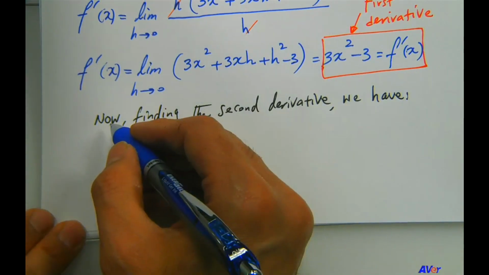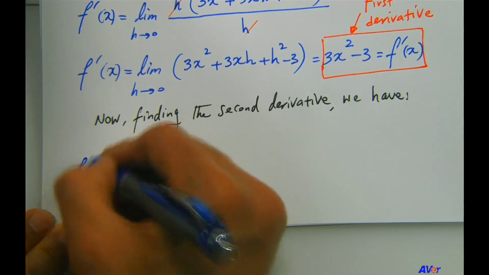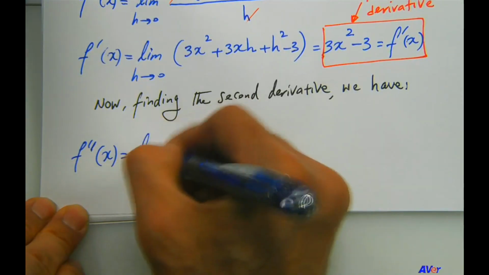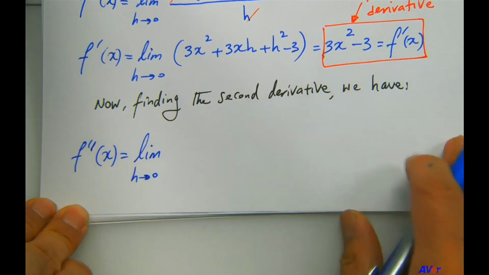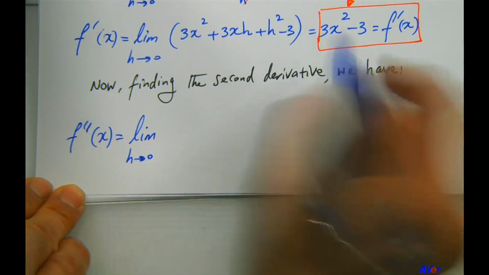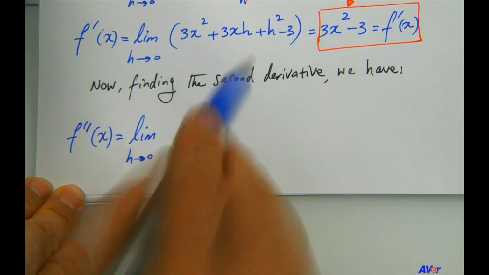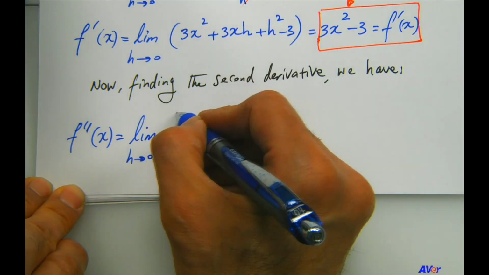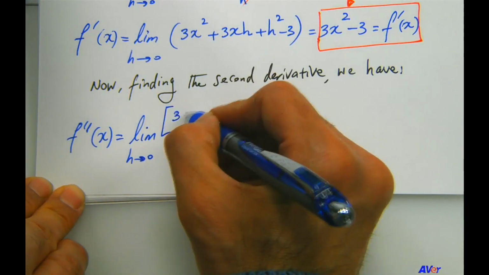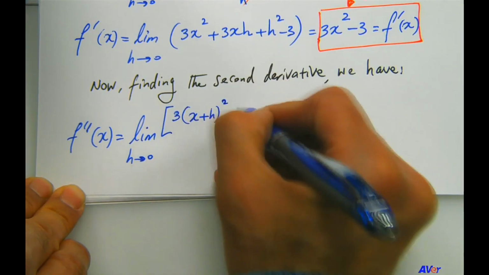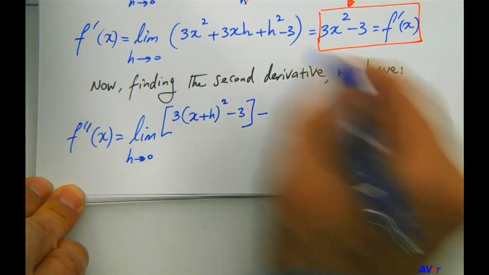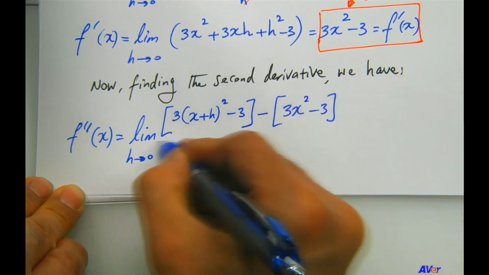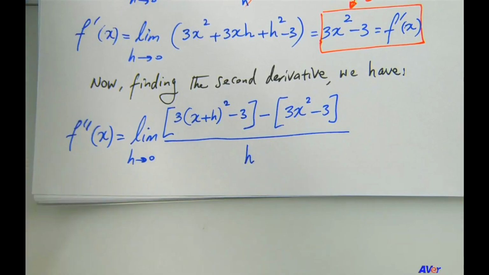So f double prime of x, because it's the second derivative, is equal to limit as h goes to 0. Now this is our function, so we apply the definition of a derivative to that. So this will be 3 times, let's put all of this in brackets, 3 times x plus h squared minus 3, minus that whole thing, 3x squared minus 3. All of this, of course, divided by h.